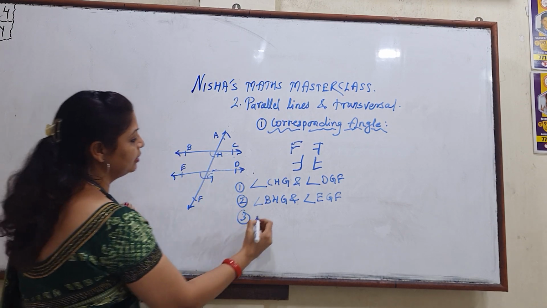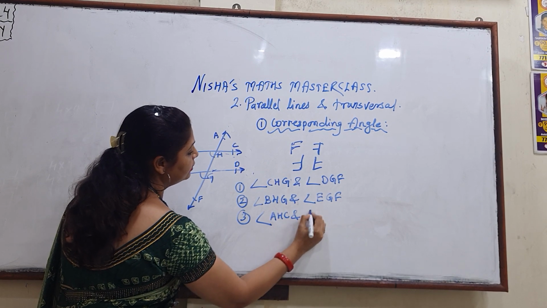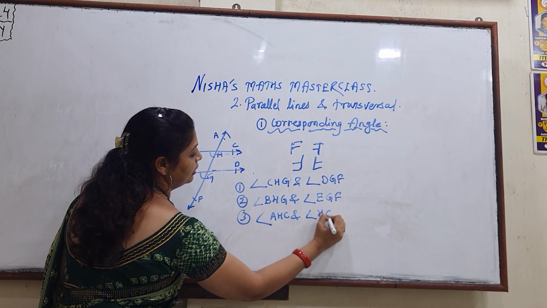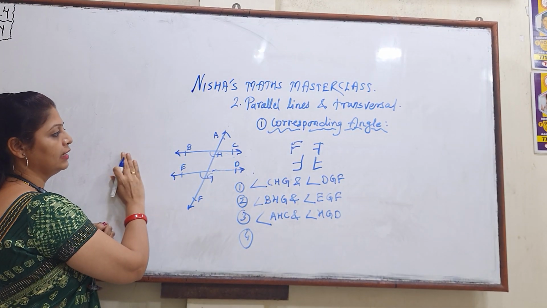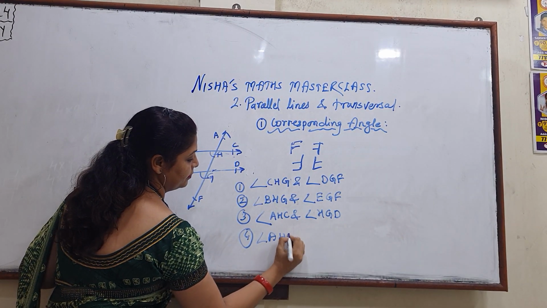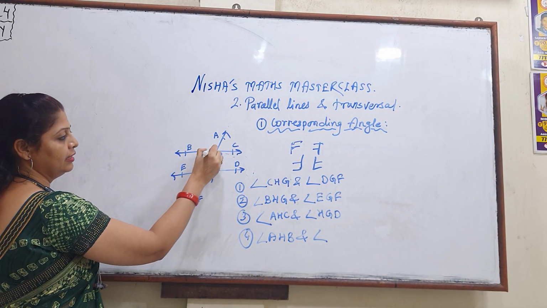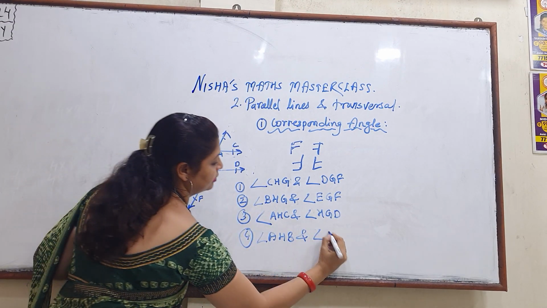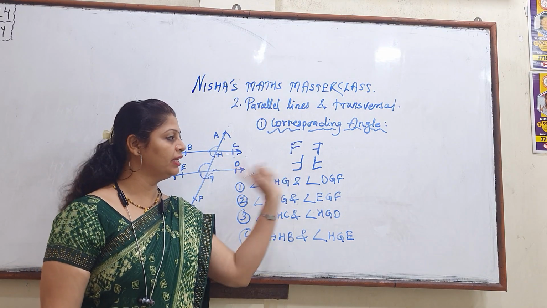So that F we write now: angle AHC and angle HGD. Now the same we repeat with this side: angle AHB and angle HGE. So these are the pairs of corresponding angles.